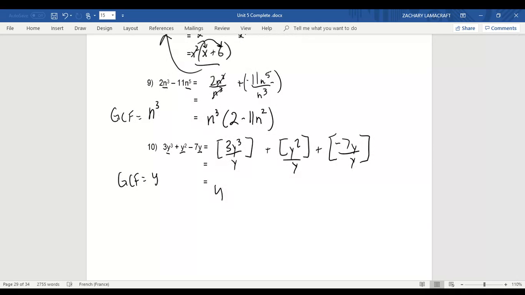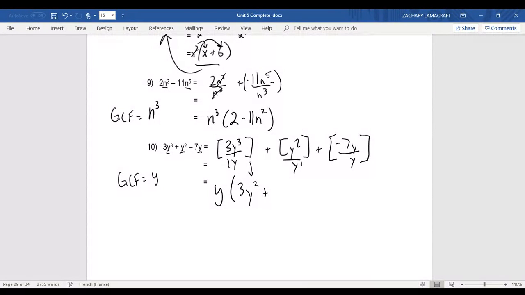Now we know we have y outside the bracket. Inside, 3y cubed divided by y: the 3 is there because it's just 3 divided by 1, and y cubed divided by y is y to the 3 minus 1, so it would be y squared. After this, we'd have y squared divided by y.